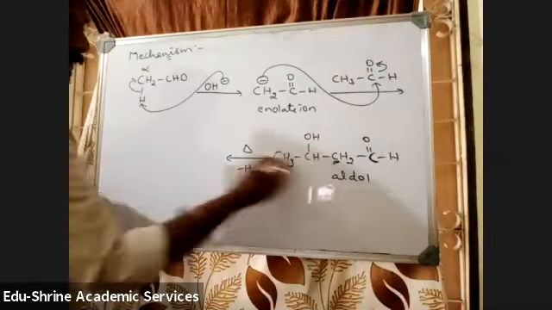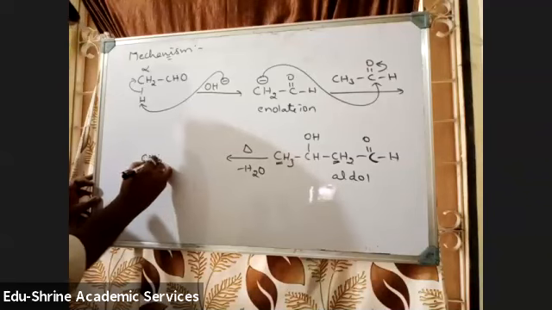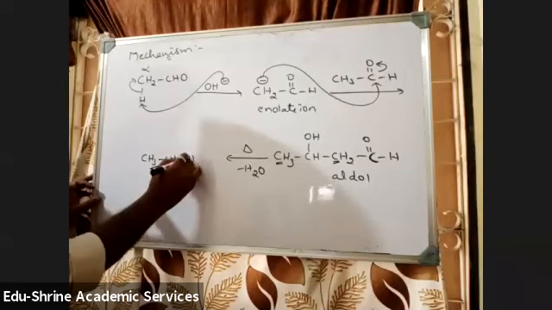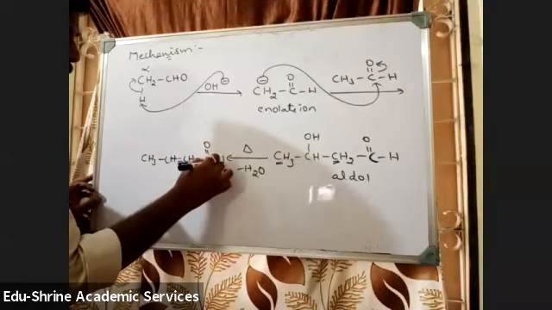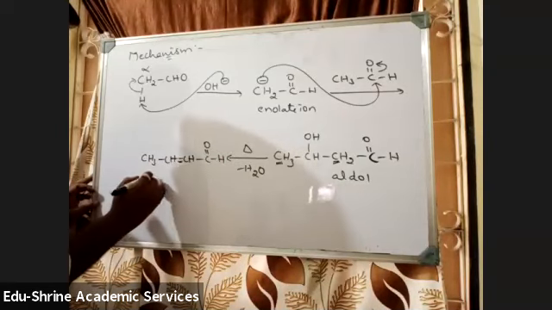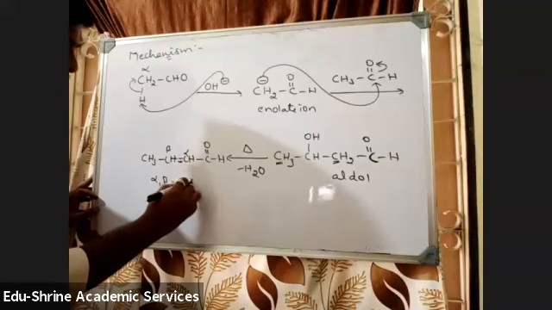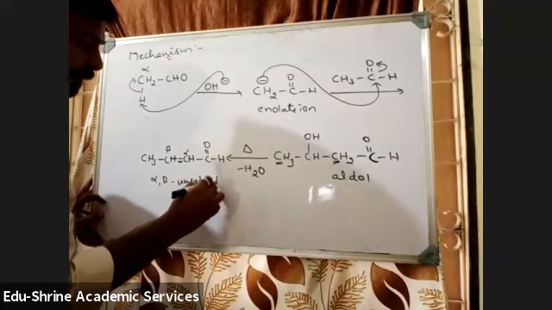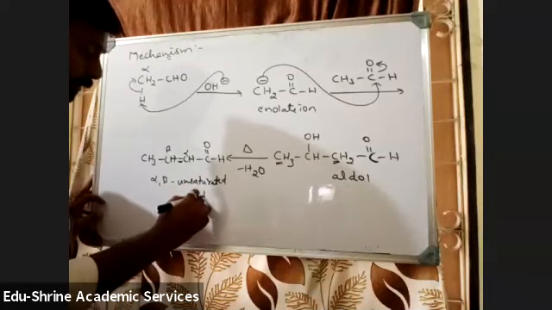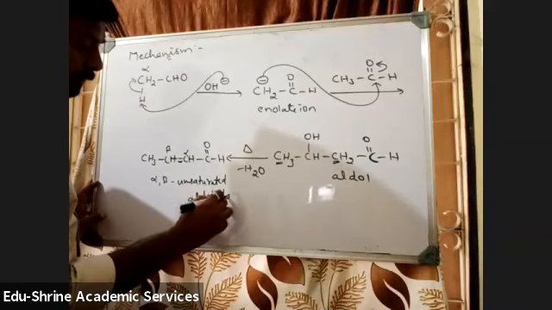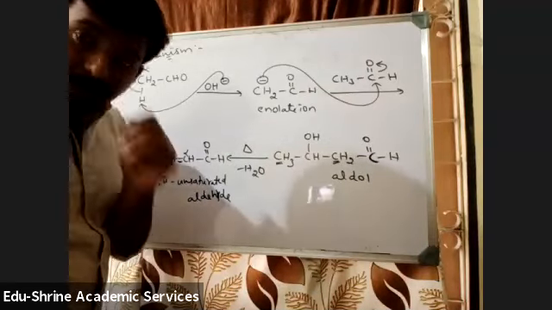So you will get a double bond. So you get CH3, CH double bond CH, C double bond O, H. So this is an alpha beta unsaturated aldehyde. Very simple mechanism. Okay.